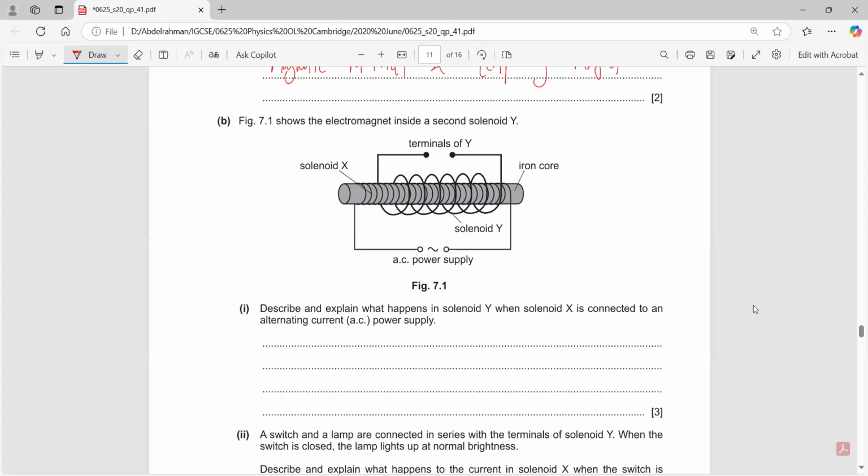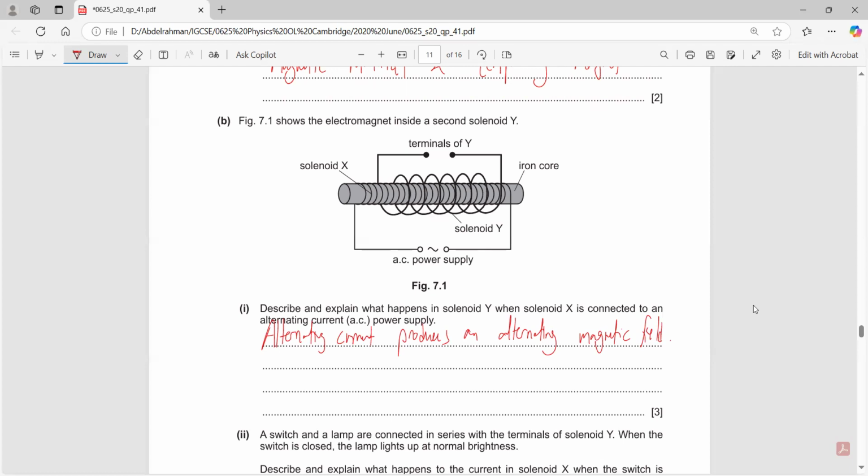So what does this alternating current do? The alternating current produces an alternating magnetic field. What does this alternating magnetic field do?